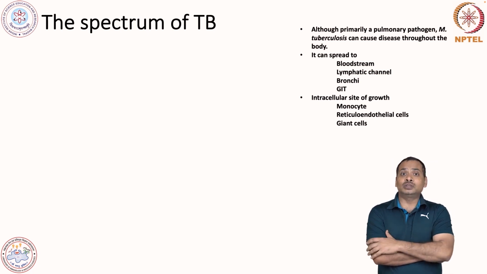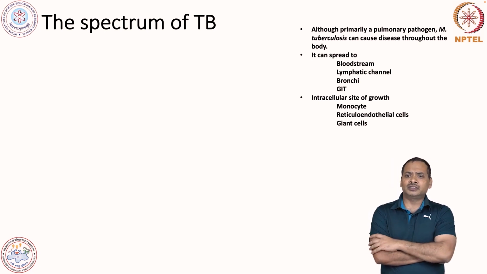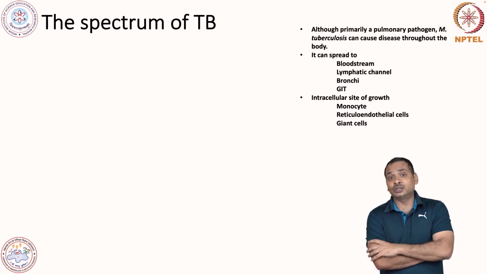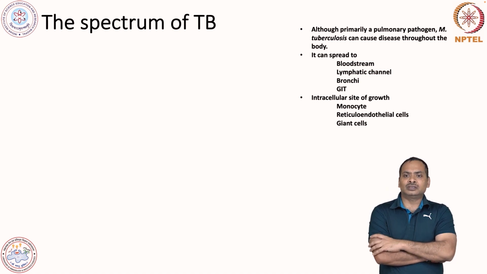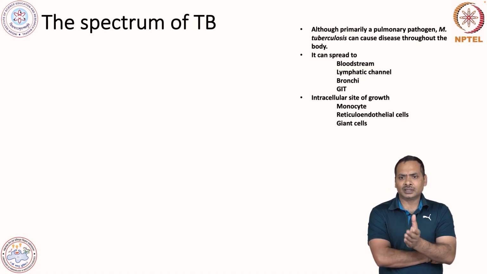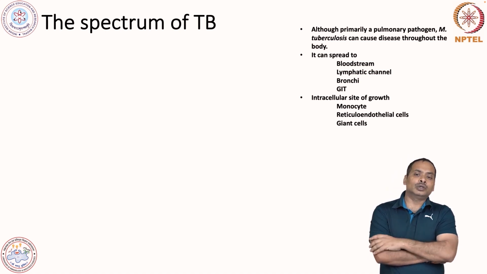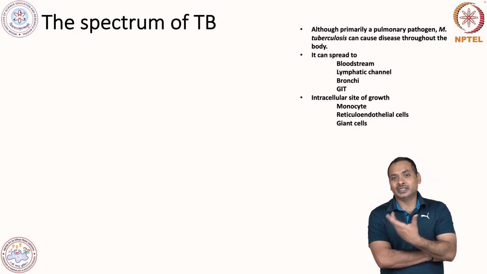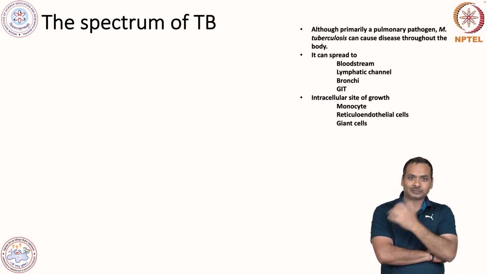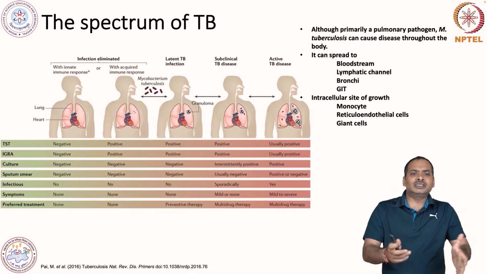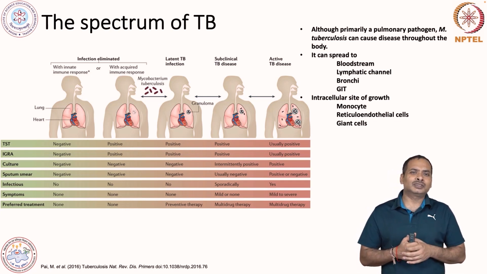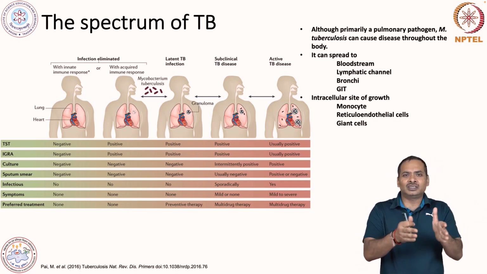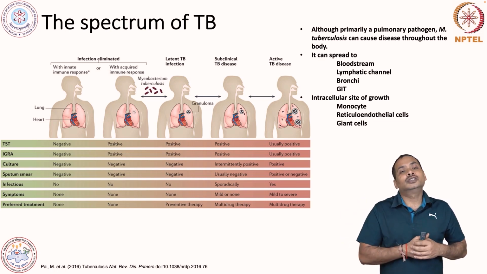It can spread to the bloodstream, lymphatic channels, bronchi, gastrointestinal tract, and intracellular sites of growth, monocytes, reticuloendothelial cells, and they can make giant cells. Here you can see that there is a wide spectrum of tuberculosis. After infection, there are different categories of tuberculosis.